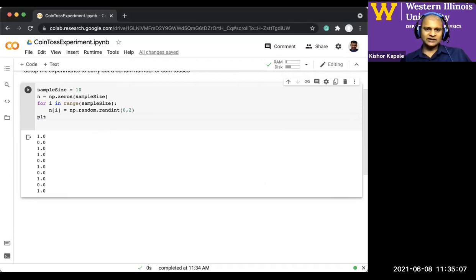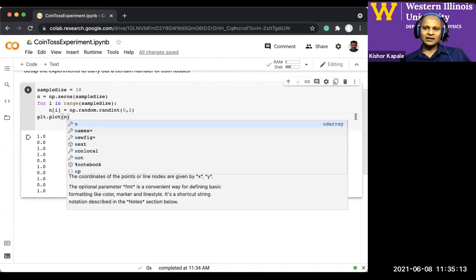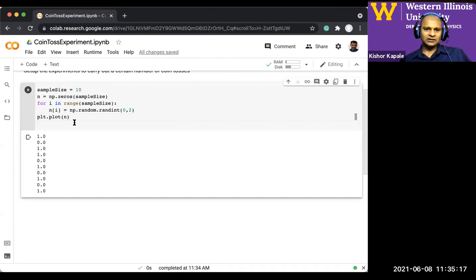So you do plt. We already imported the function. We ask it to plot what. It can plot the whole array. So we plot the whole array, and we like that. And then let's give our plot some labels.